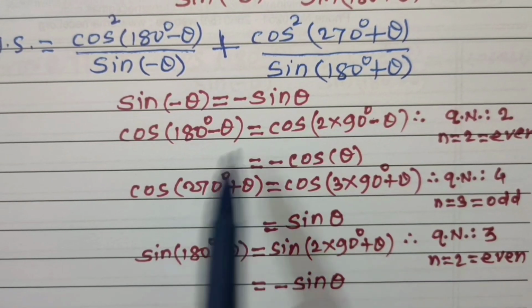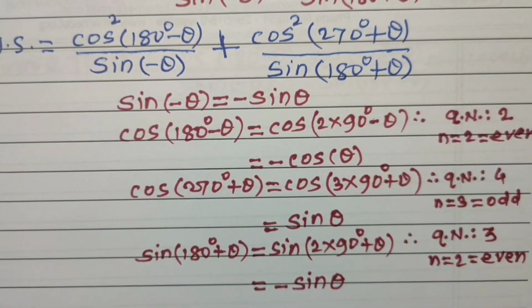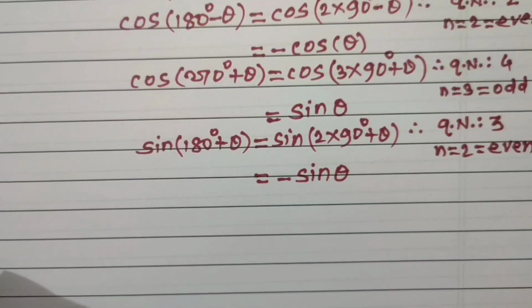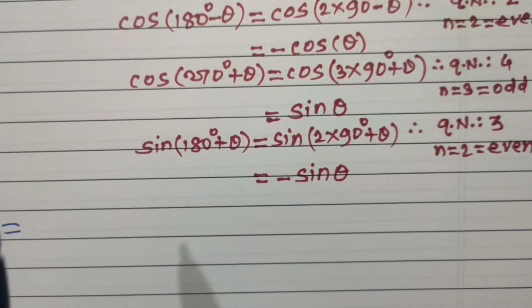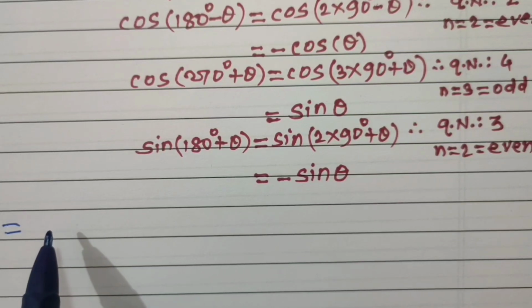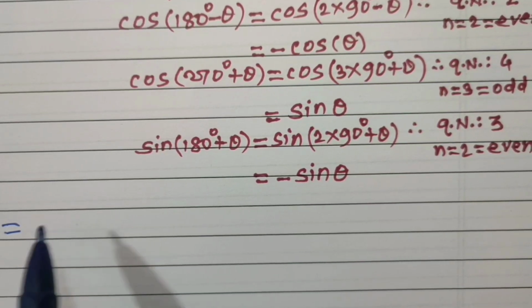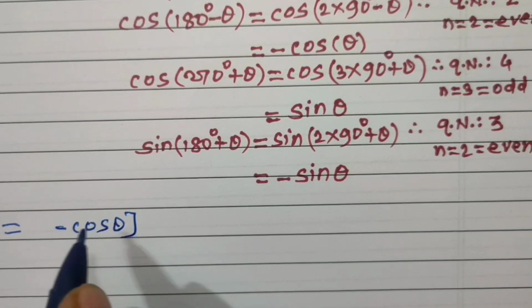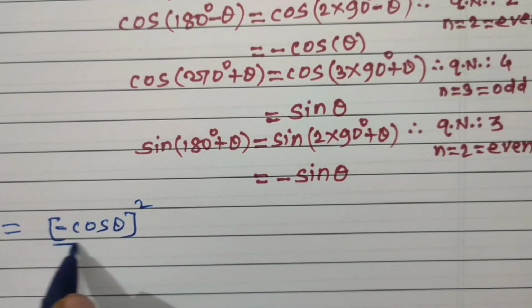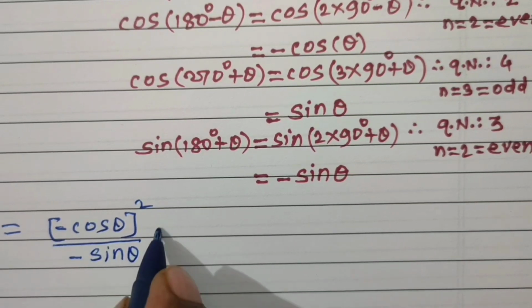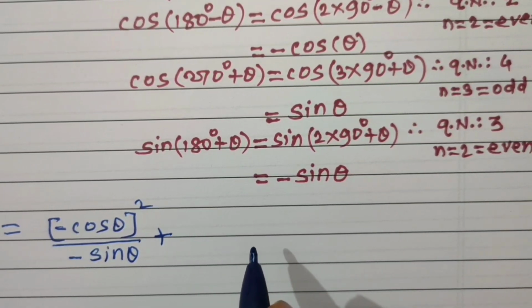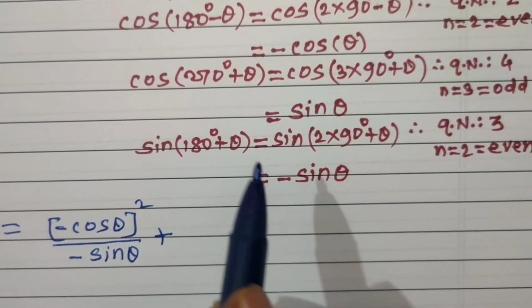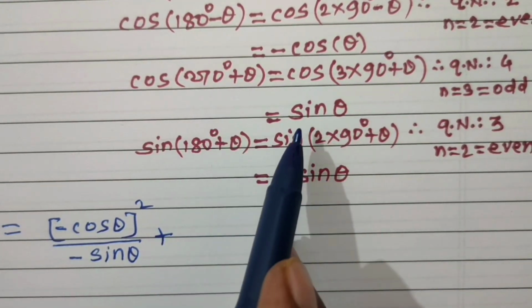Now we have to put all these values here. So we can write LHS is equal to cos square of (180 degree minus theta), but cos of (180 degree minus theta) is minus cos theta. So (minus cos theta) square divided by sine of minus theta, which means minus sine theta, plus cos square of (270 degree plus theta). But you know cos of (270 degree plus theta) is sine theta.